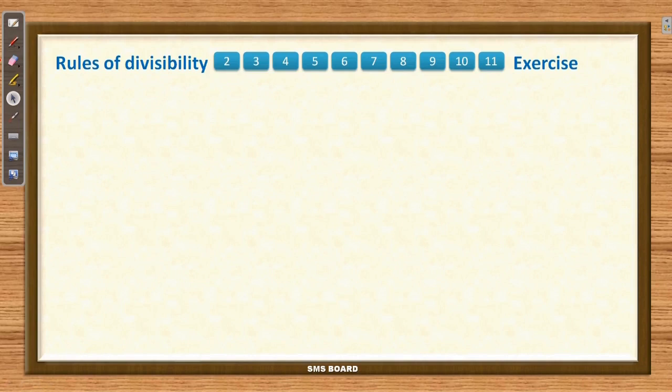Today we are going to see divisibility tests of numbers by 2, 3, 4, 5, 6, 7, 8, 9, 10, 11. First of all, we will see divisibility of a number by 2.